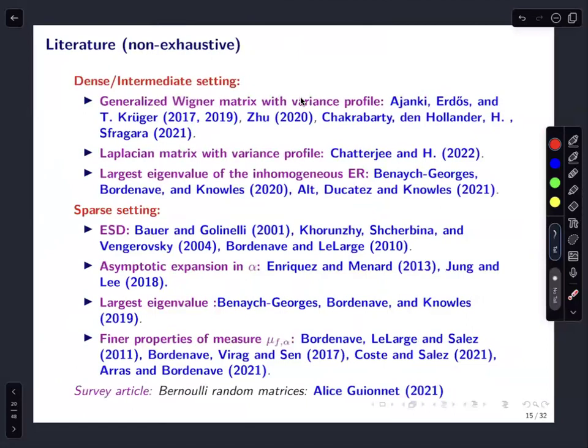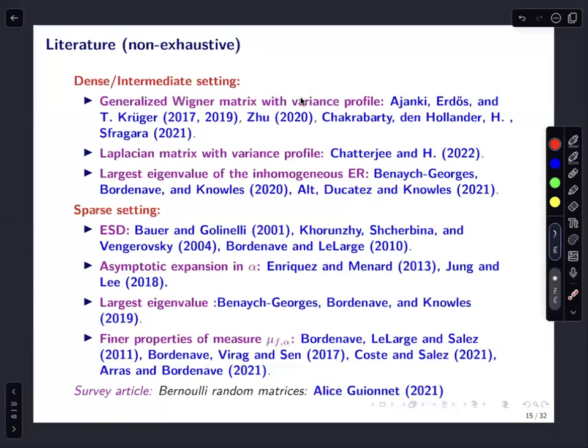Later, the theory of local weak convergence was very successfully implemented by Charles Bordenave and Marc Lelage in 2010. And closely related, as we want expansions in how alpha increases, this was also studied by Jung and Lee and Nathaniel Enriquez and Menard in 2013.